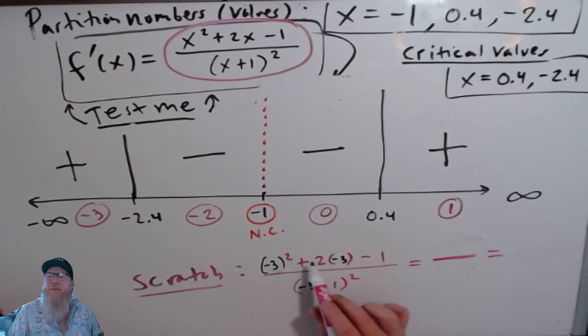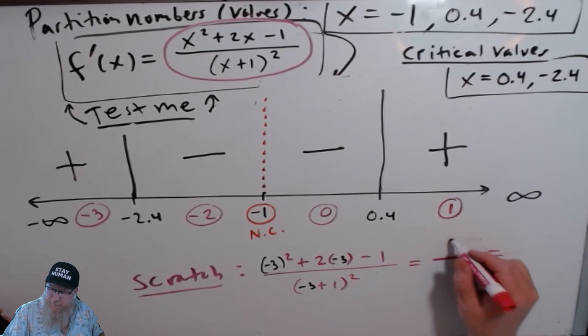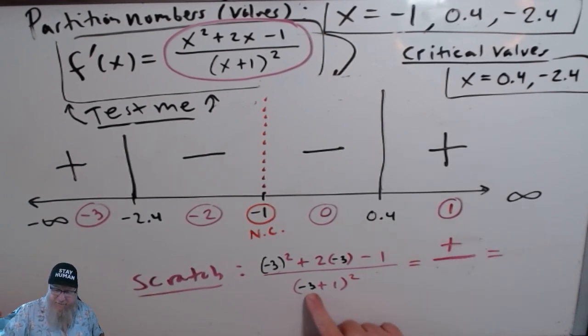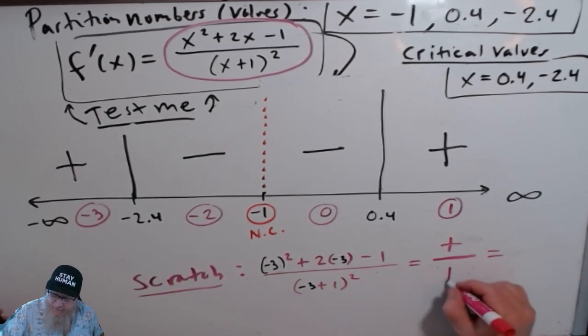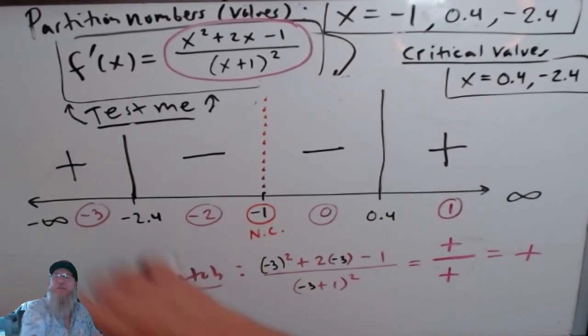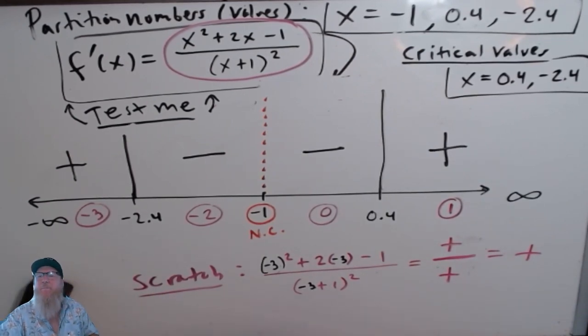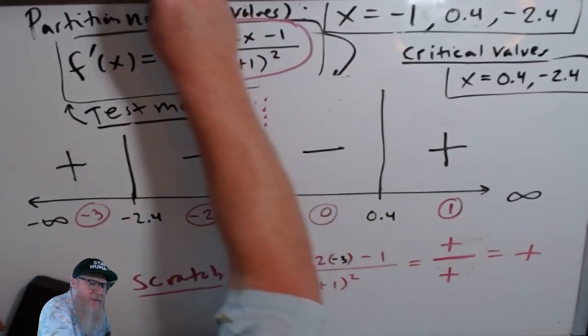So it's 9 plus negative 6, which is 3. 3 minus 1 is positive. And then negative 3 plus 1 is -2. Squared is positive. So that's positive, just like I said here. So that's it.